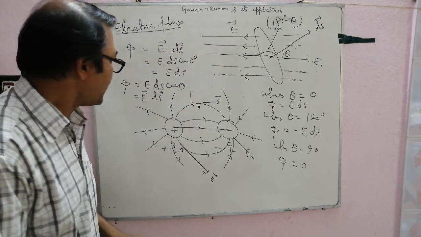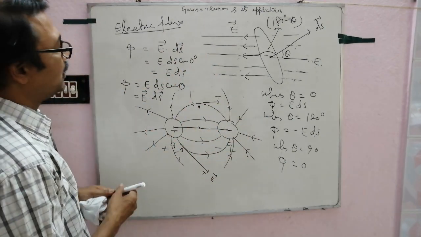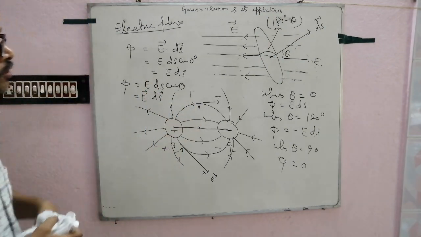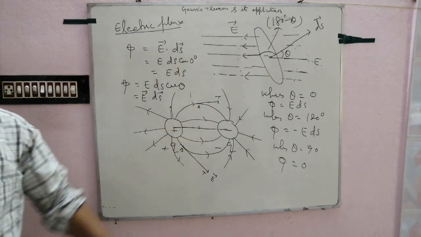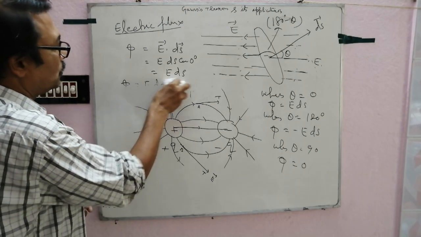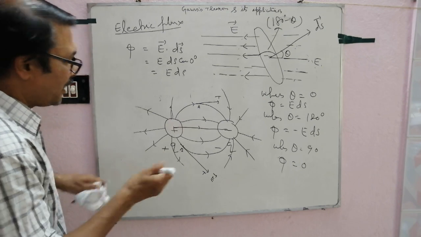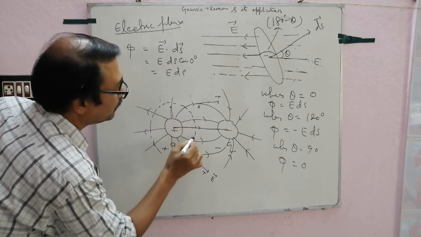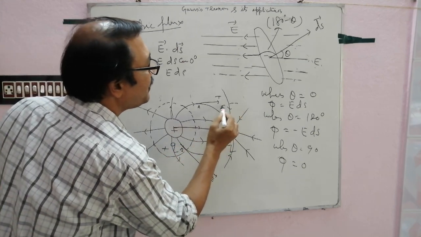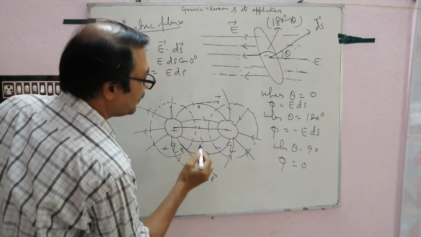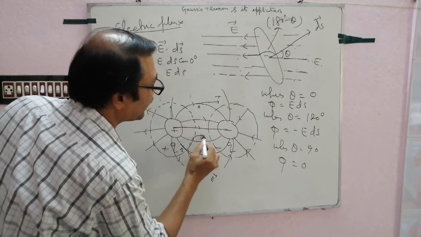Now follow this figure. Here we consider three surfaces. Note this, I am waiting. Here I consider this a surface, and this is another surface, and here I consider another surface.